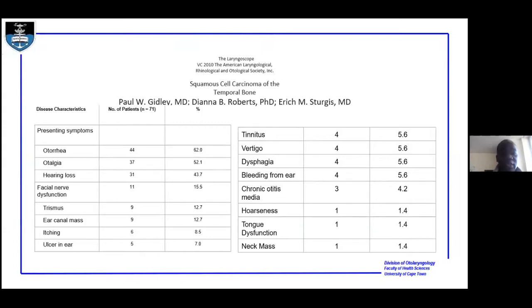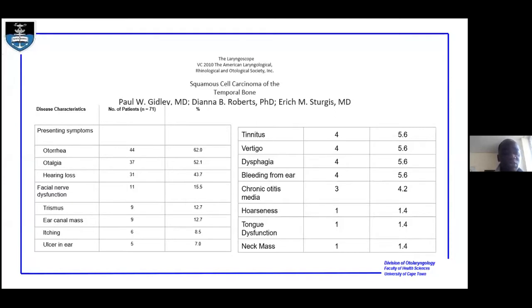In this series of 71 patients who had a confirmed squamous cell carcinoma of the temporal bone, there is a list of the symptoms which the patients presented with. As you can see, the top 3 out of the 71 were otorrhea, otalgia, and hearing loss, accounting for almost 50% of the symptoms.